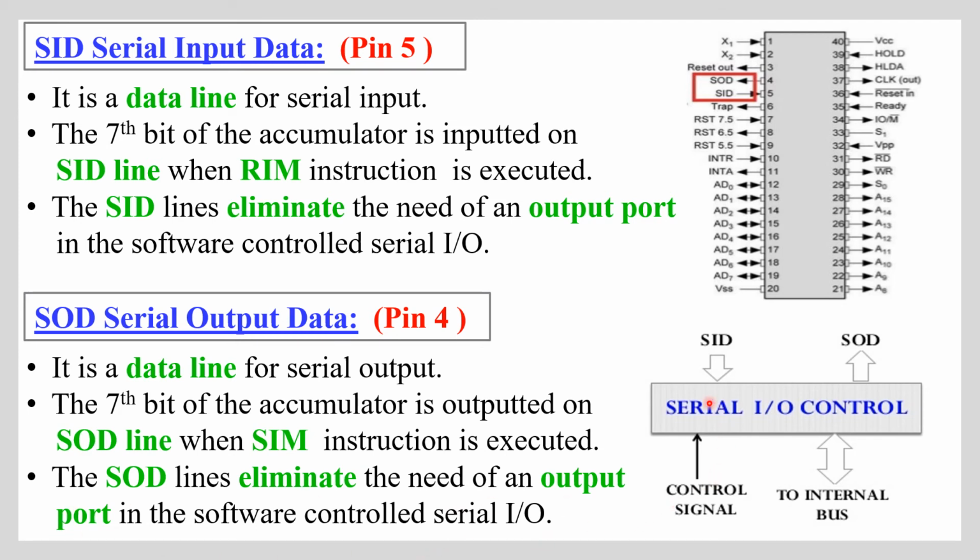So when you want to send data out serially, SOD is used, and it is done from the accumulator by executing the SIM instruction. And for SID, when the data is to be inputted serially, the RIM instruction is used. Clear? So SOD and SID are for serial output data and serial input data.